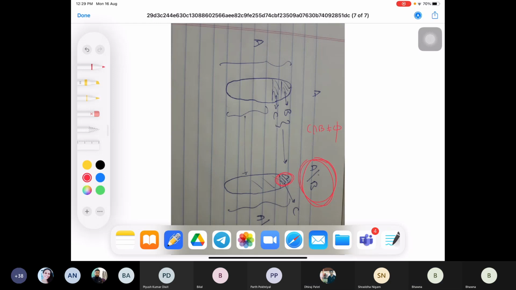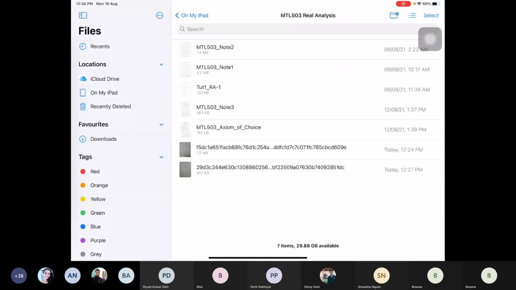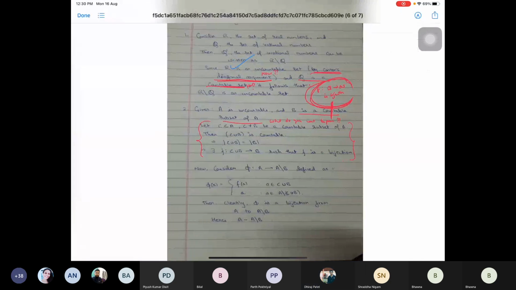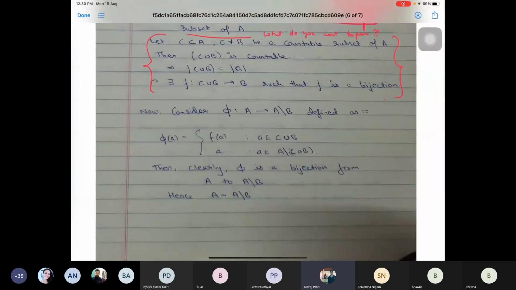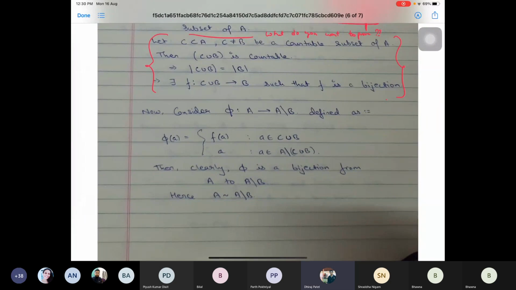Because of the bijection, C will have some element of B. Because of the construction, C is not equal to B, so it may also include some element of B. By bijection, it also includes some element of B if we consider C contains some element of B.